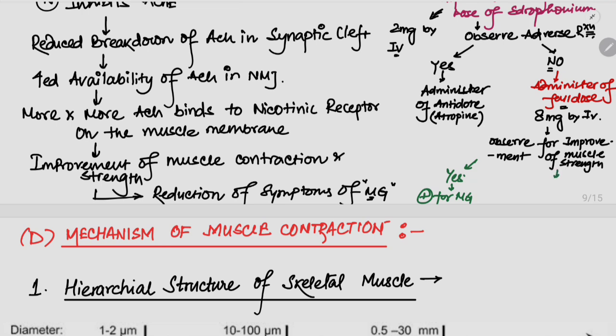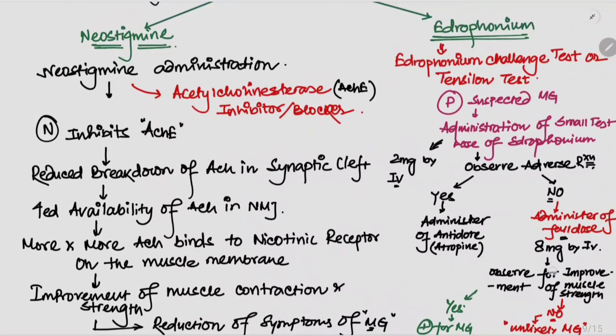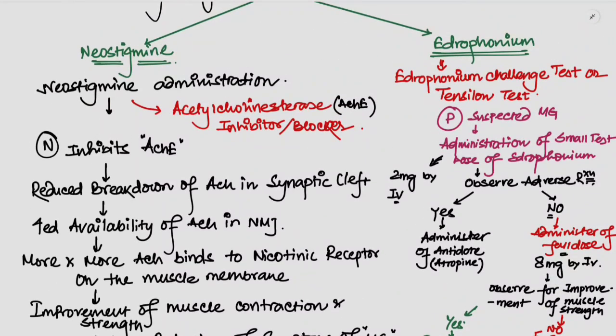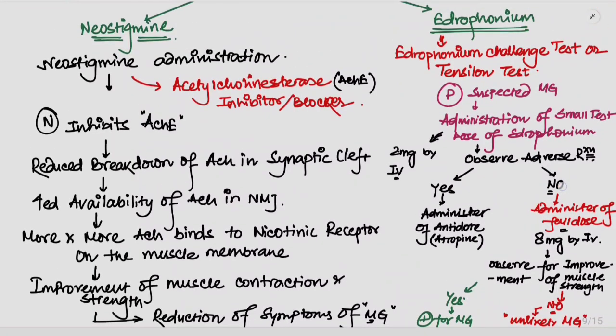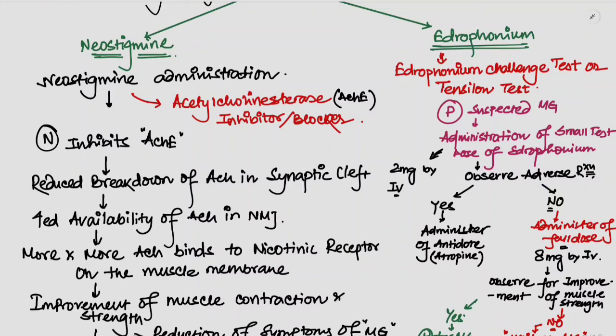If no, if that is a negative response, then it is unlikely to be myasthenia gravis. So by this test we can diagnose whether it is myasthenia gravis or not. So it is the edrophonium challenge test or the Tensilon test.